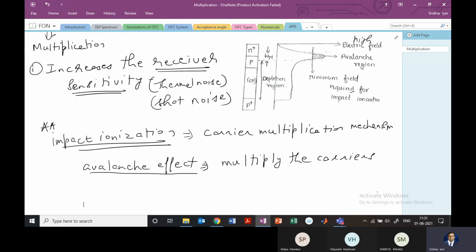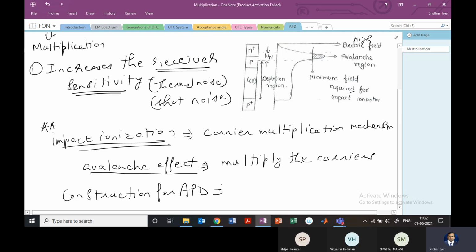So in terms of the construction, a common construction which you are seeing on the screen on the right hand side, that kind of construction for APD is known as the reach through construction.